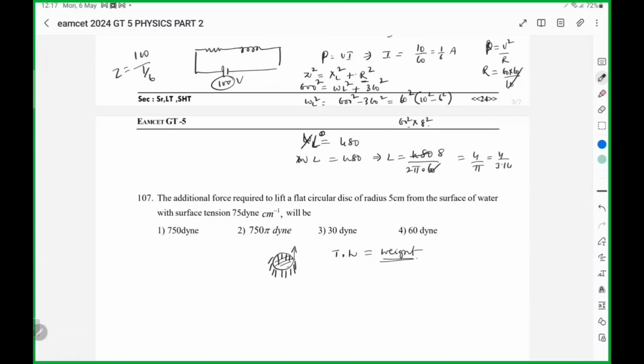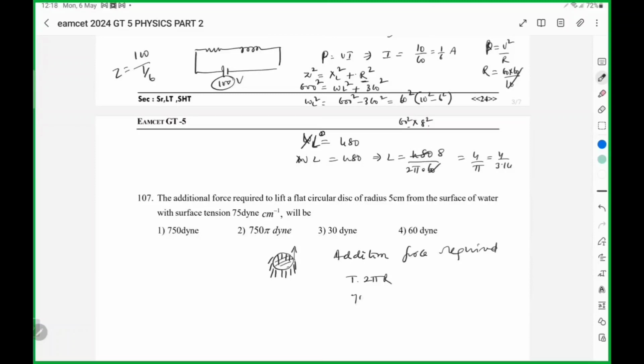So this is the additional force which is required: T into 2 pi r.